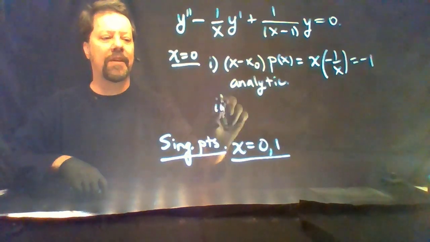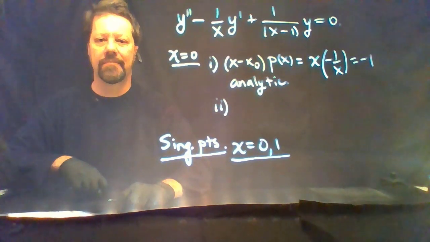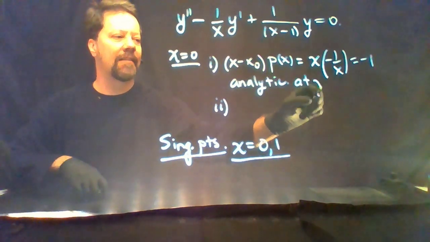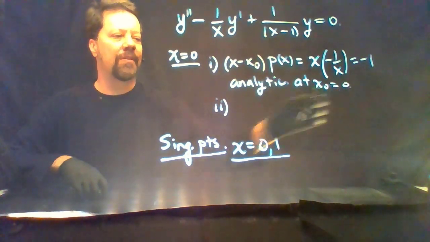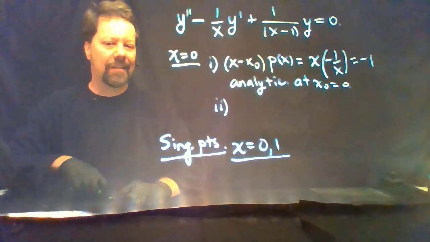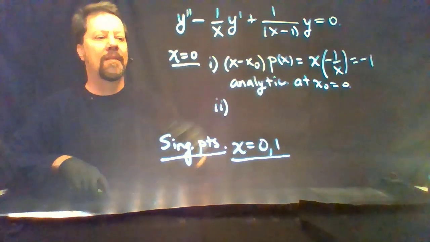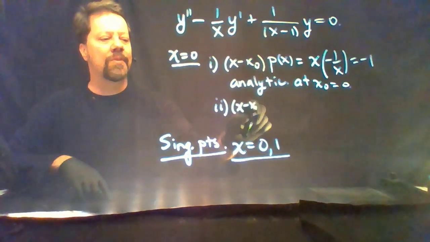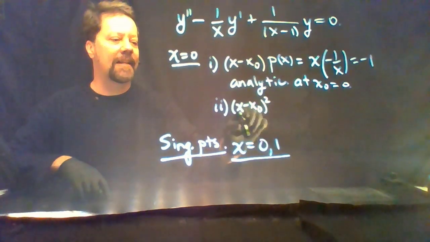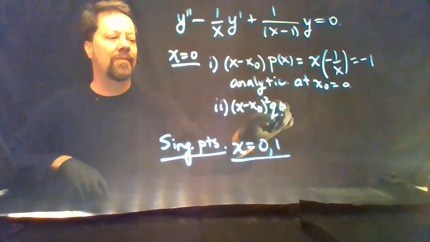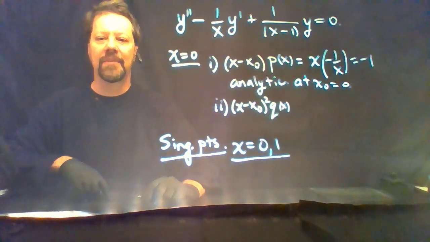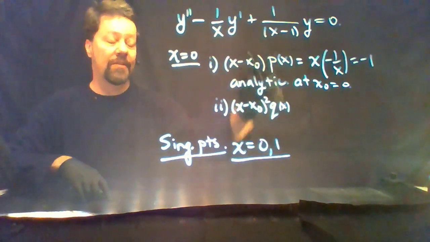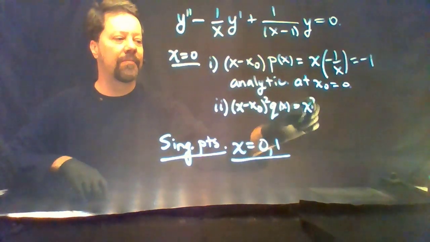but that only verifies half of the condition, and in particular, analytic at x₀ = 0. There's no singularity at 0 anymore. That's been canceled out by this product. You also need to verify that (x − x₀)² q(x) is analytic. Any singularity at 0 is canceled out on q. q doesn't have any singularity at 0.